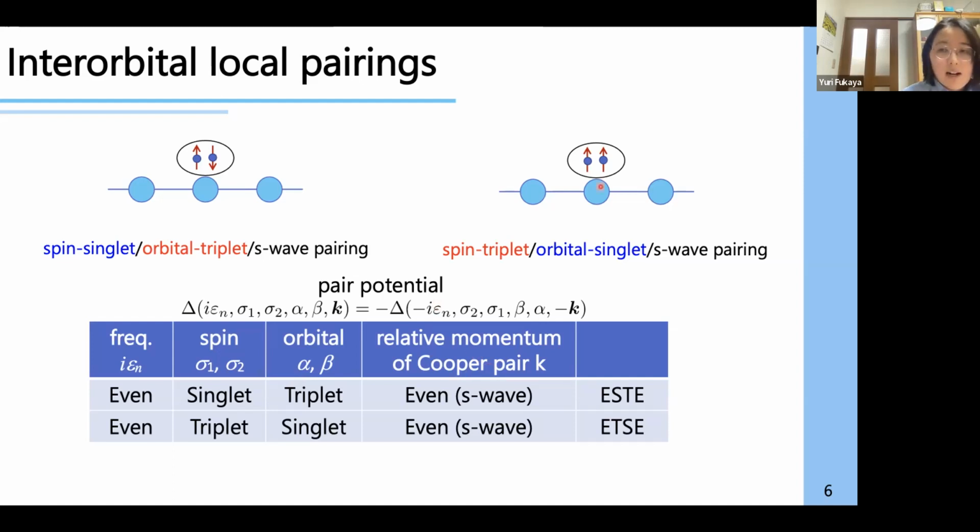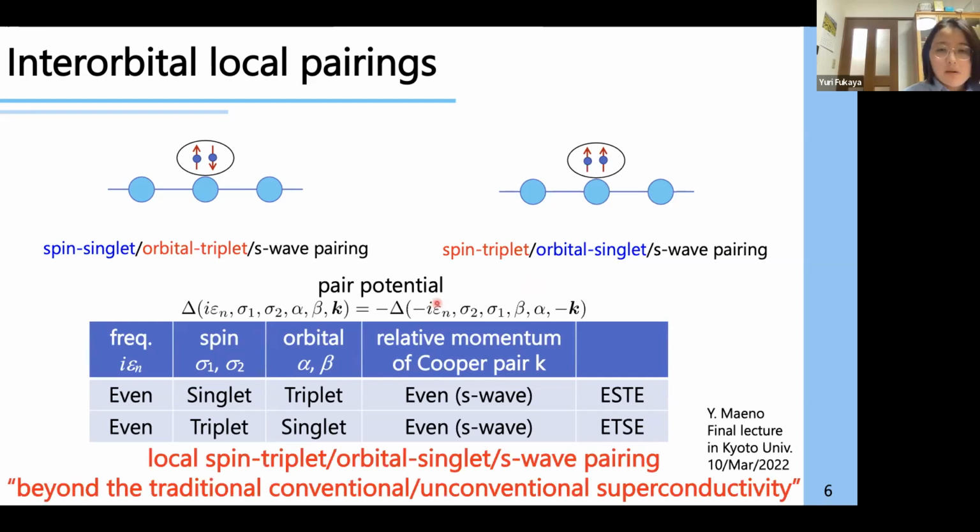Then, spin-triplet orbital-singlet s-wave states can be allowed. We cannot focus on orbital-dependent spin-triplet states in the single-orbital model.